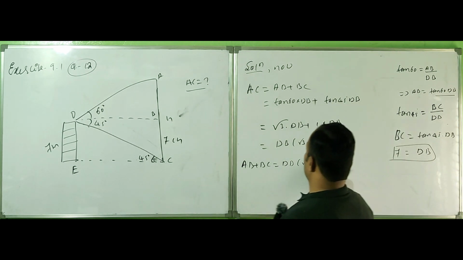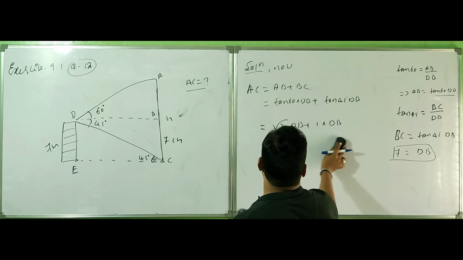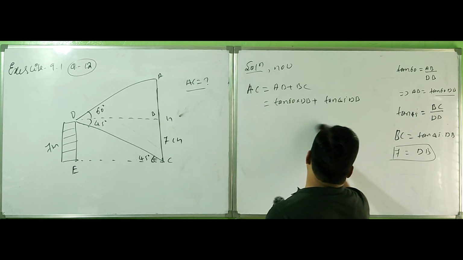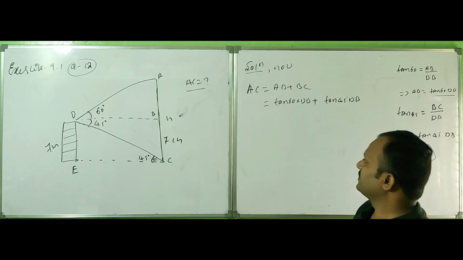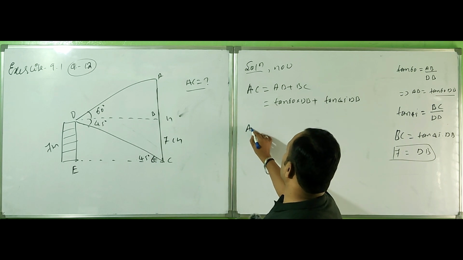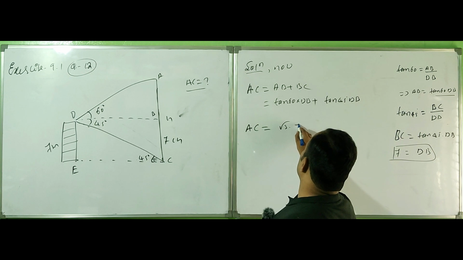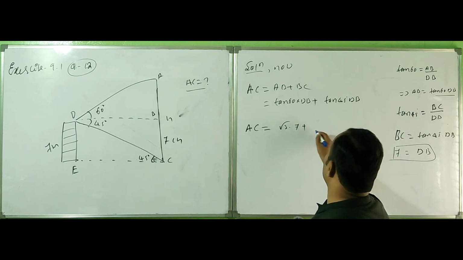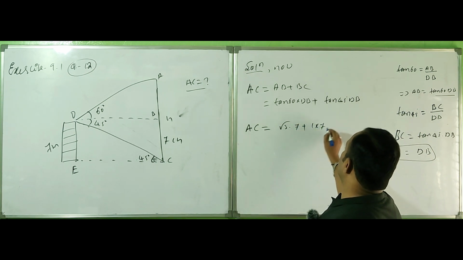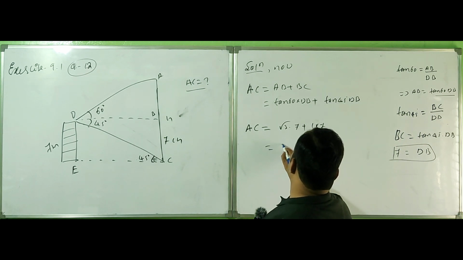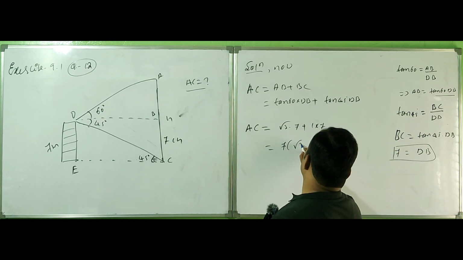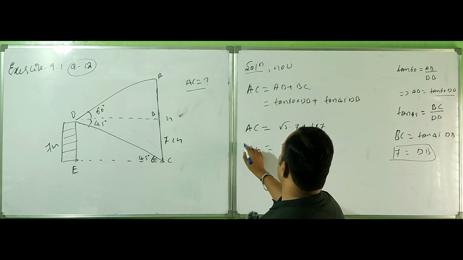Just put the value. AC is equal to tan 60, which is root 3, into 7, plus tan 45, which is 1, into 7. Take 7 outside, the remaining value is root 3 plus 1 meter, AC. Only 2 steps.